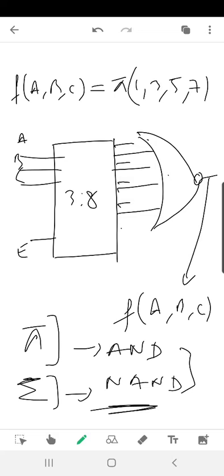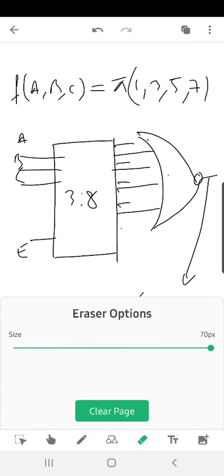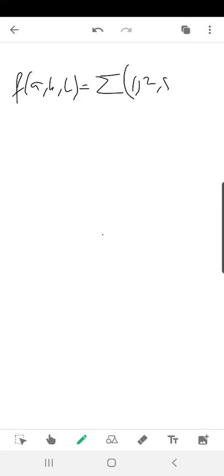Okay, for example, let us suppose that we were given a question: f of ABC equals sigma of 1 2 5 7, and we have to implement this function using a 3:8 active low decoder.